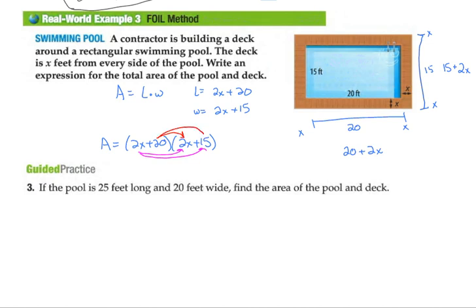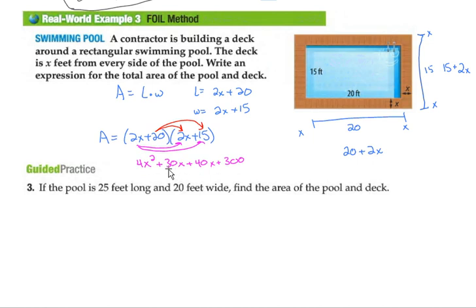and combining terms. Okay, so our first is 4x squared, our outsides are positive 30x, our insides are positive 40x, and then our last is 300. Okay, combining like terms, our two middle terms.